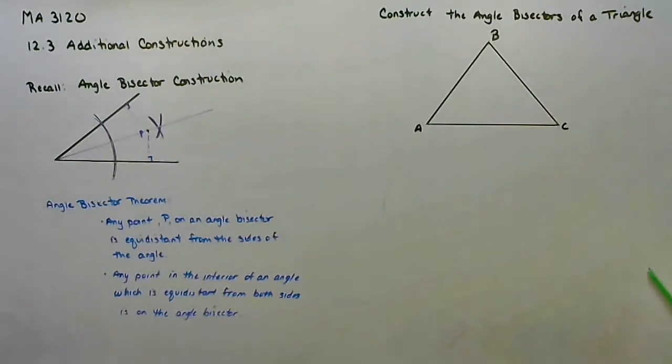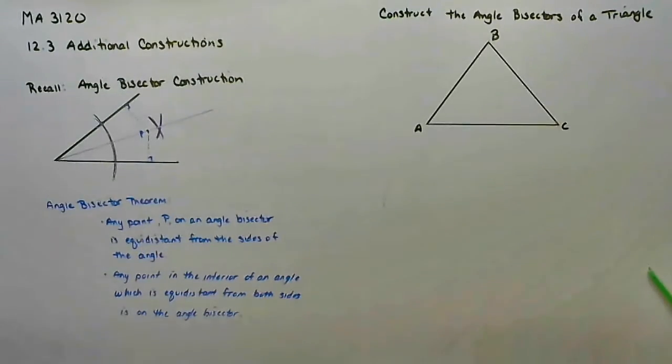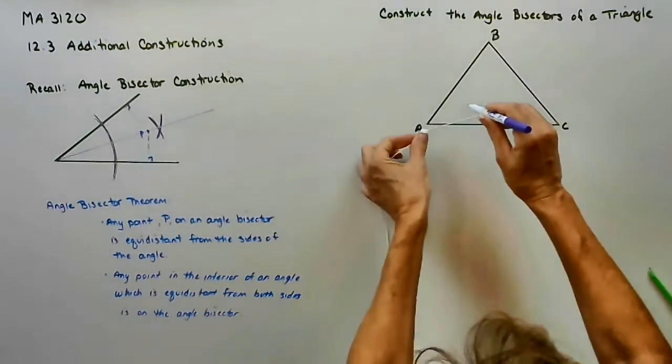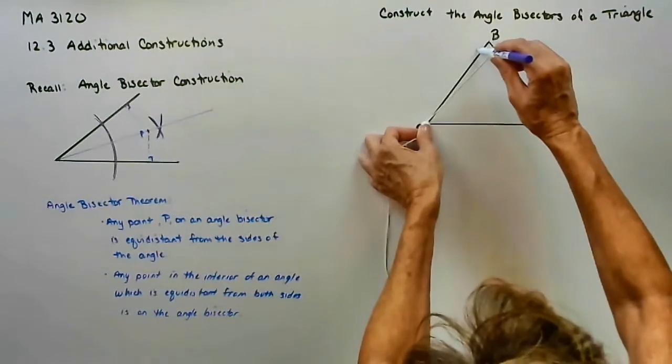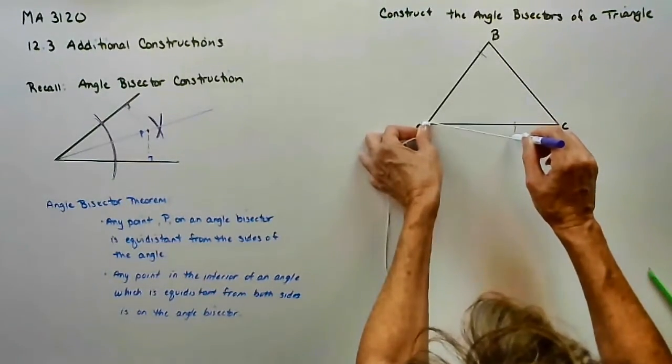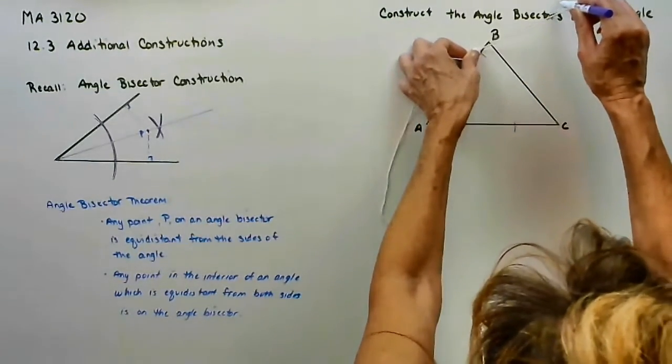So let's construct three angle bisectors. We're going to practice this three different times. So I am going to swing an arc from each of those, out here so it doesn't get in my way.